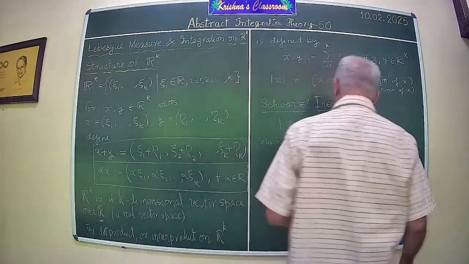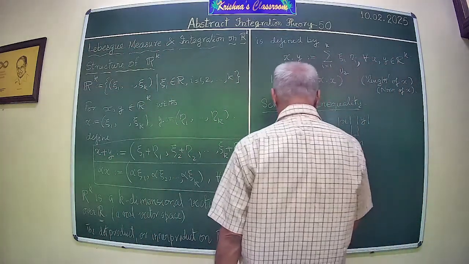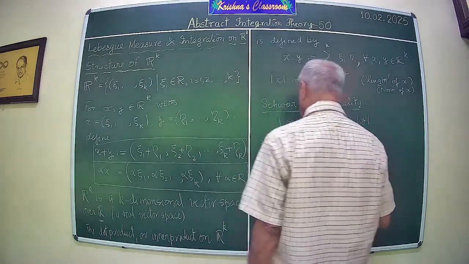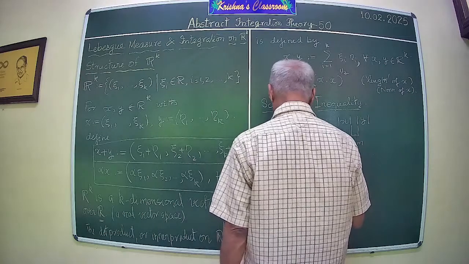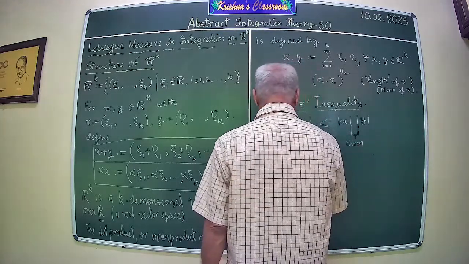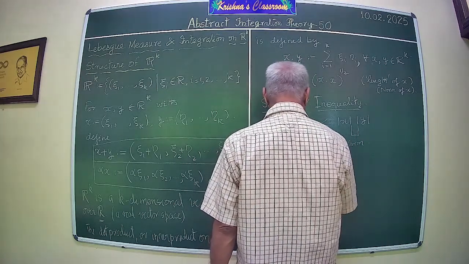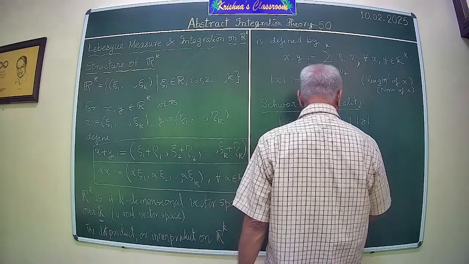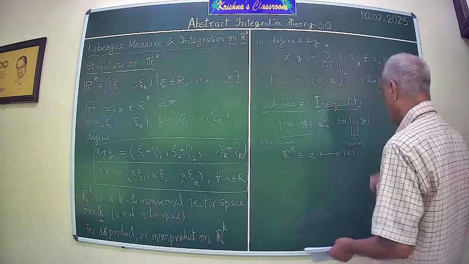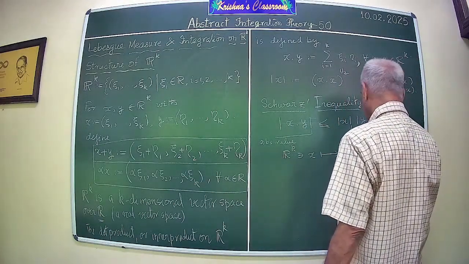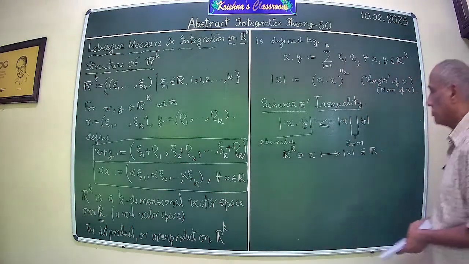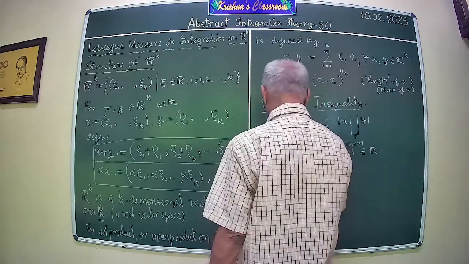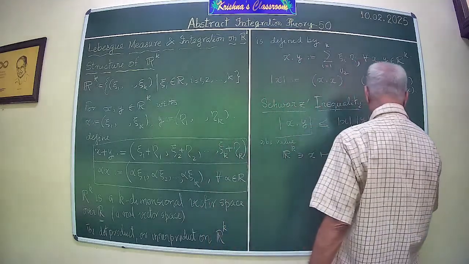Now one can have, from R^k, take an x belonging to that, and associate with it mod x belonging to R. So we can show that this has the following property, namely this is what is called the norm.